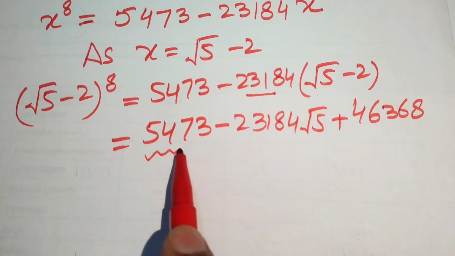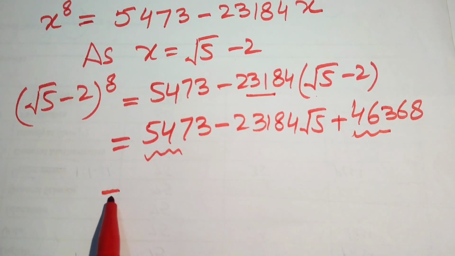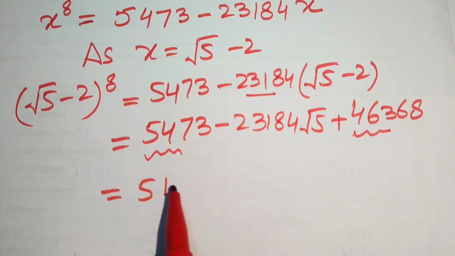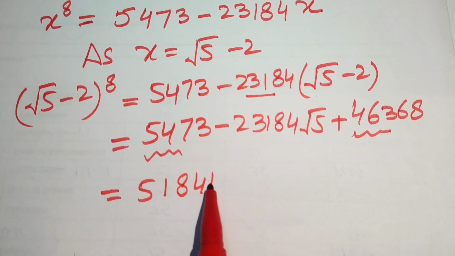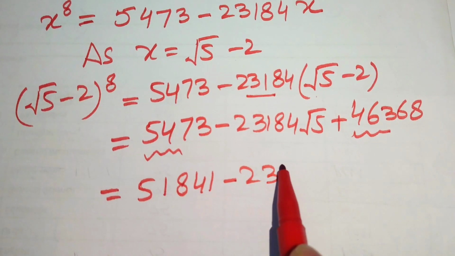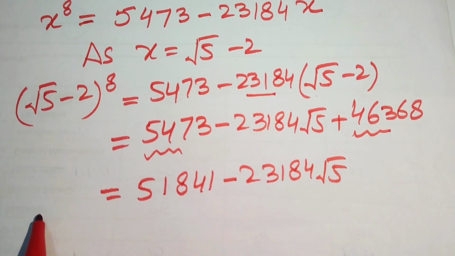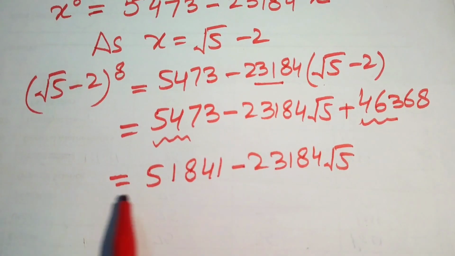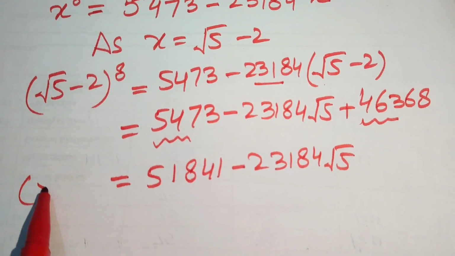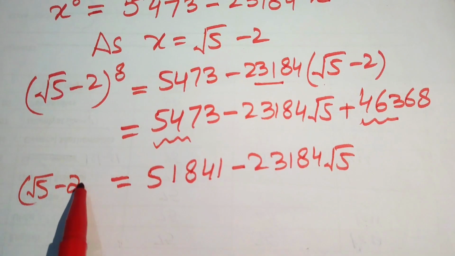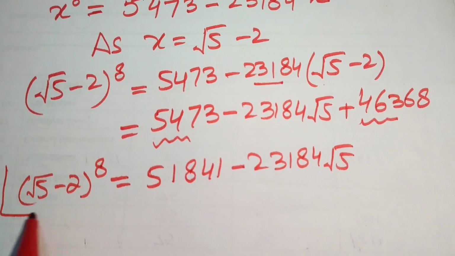So now we add this term and this term, so you will get here 51841 minus 23184 into square root of 5. Okay, so this is our simplified form of square root of 5 minus 2 to the power of 8.